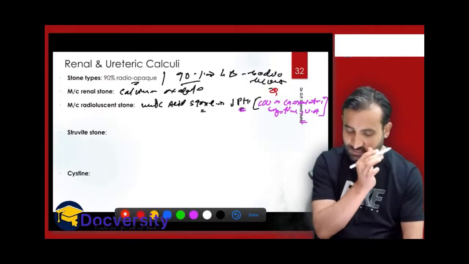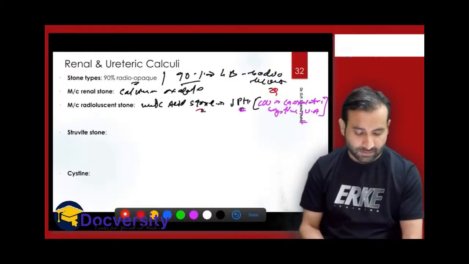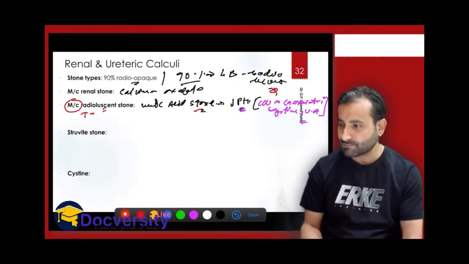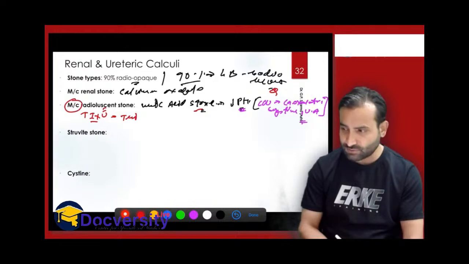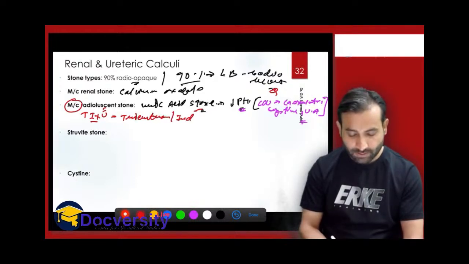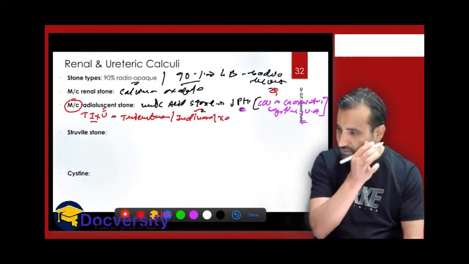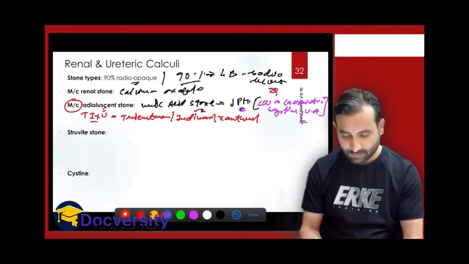The uric acid stone is the most common radiolucent stone. We have some more radiolucent stones, that is TIXU. What is TIXU? That is triamterene, indinavir, and you have the xanthine and uric acid.